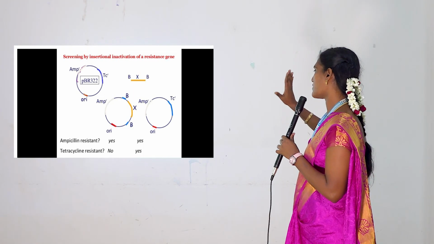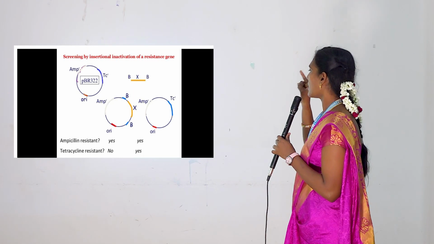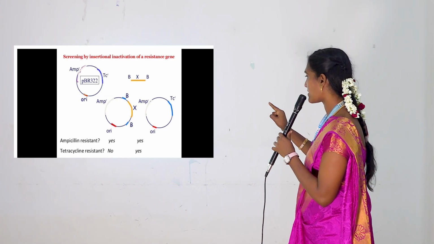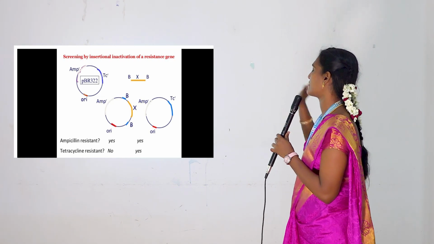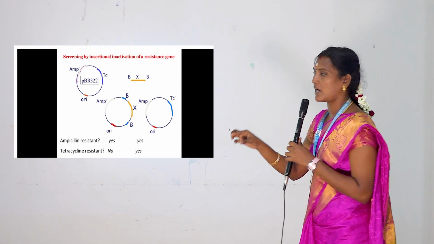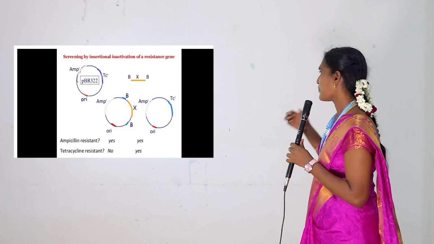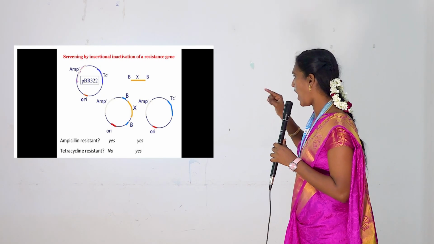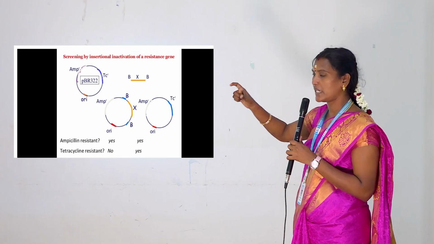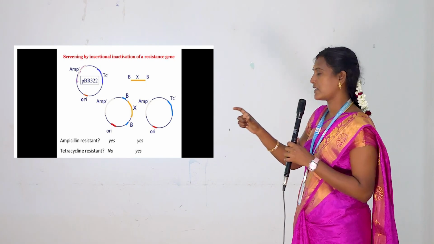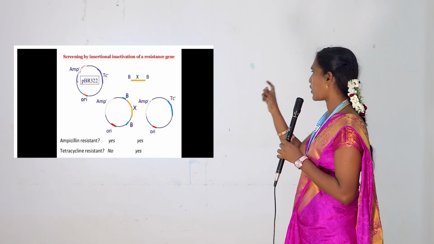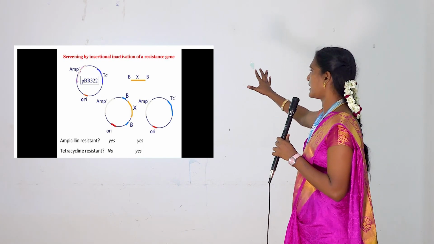The first one is ampicillin resistant, and the second one is also ampicillin resistant. The first one is tetracycline sensitive. I say tetracycline sensitive because we have inserted our gene of interest into the tetracycline resistance gene. I have already said there is a process called insertional inactivation.